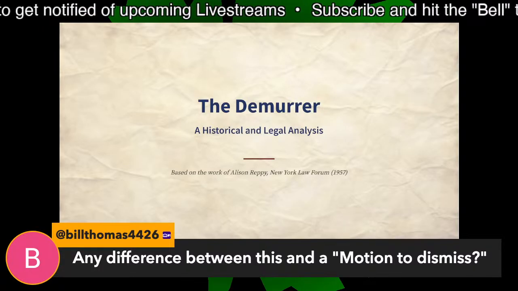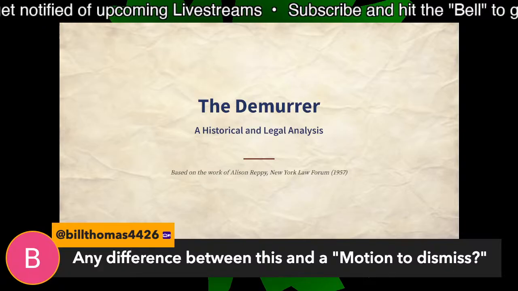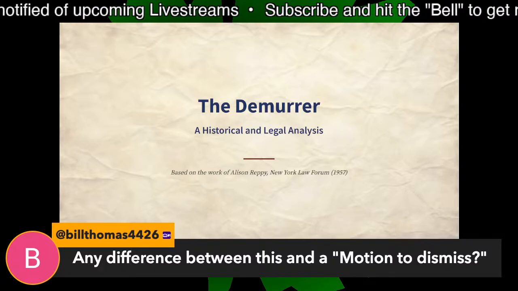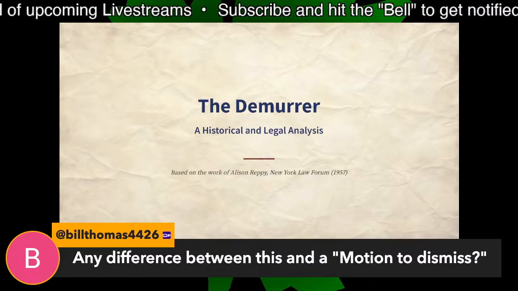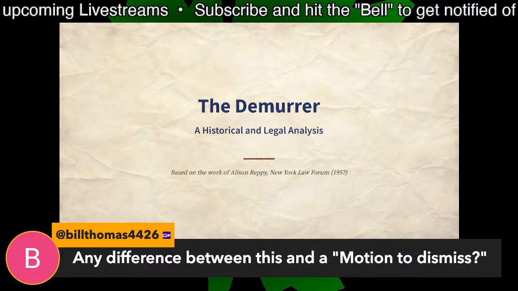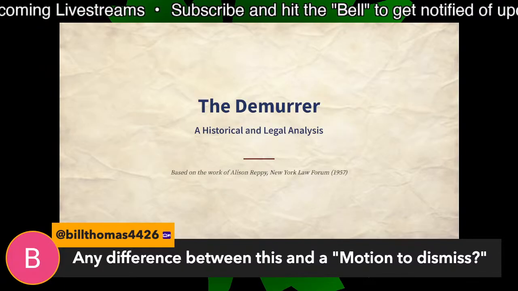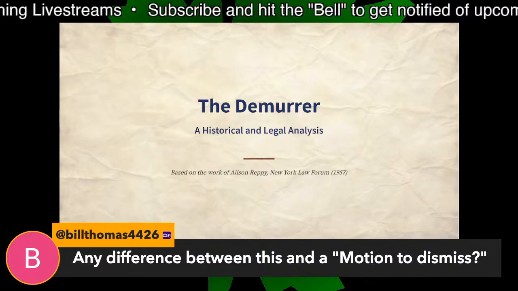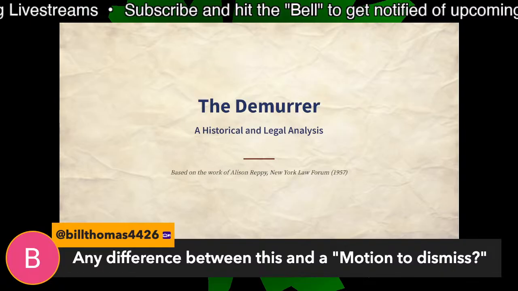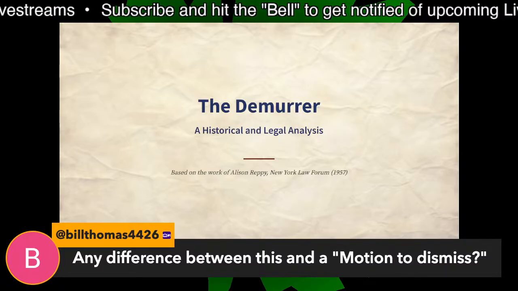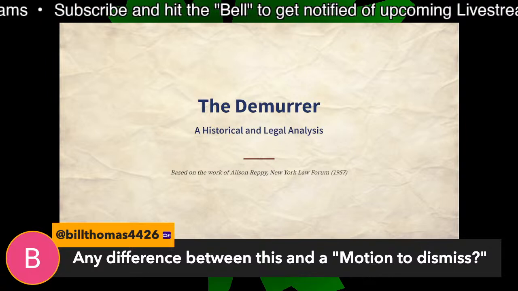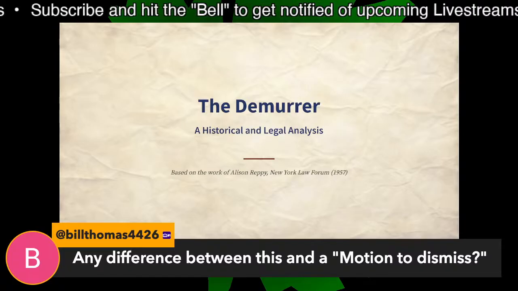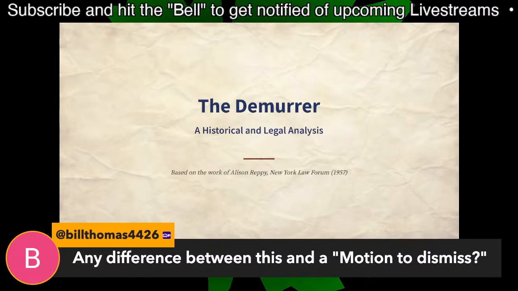4426 says, any difference between this and a motion to dismiss? Indeed, depending on the jurisdiction now, from what I understand, sometimes these are treated as a motion to dismiss. However, as the record would be, if it is stated as a demurrer, regardless of what they call it, it's the substance of the wording and the filing itself that determines its nature, not just its title.